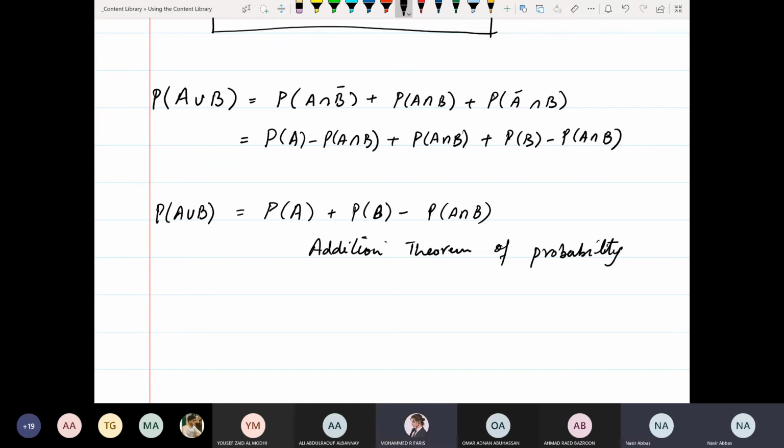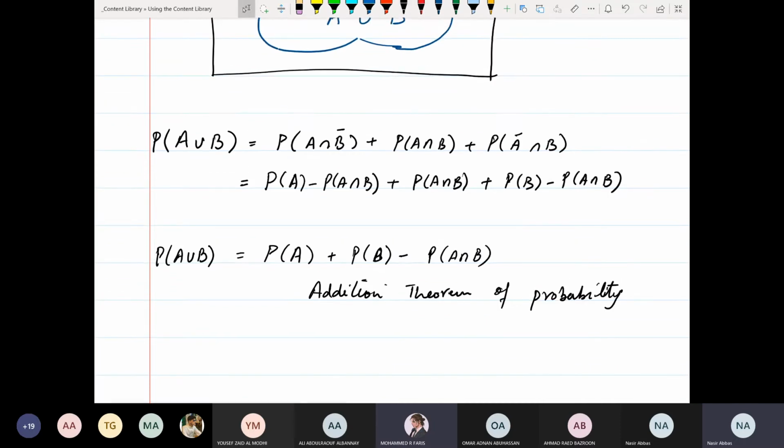Doctor, is it not 2 multiplied by A intersection B? No, not 2. There is one in the plus, one in the minus. These two will cancel out, and you'll be left with only 1 times minus.